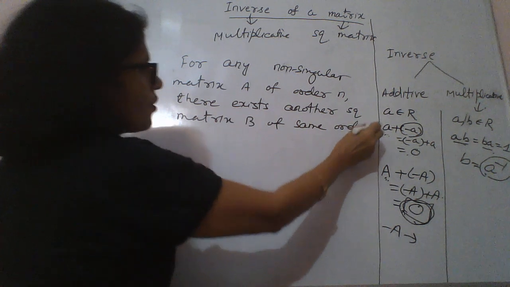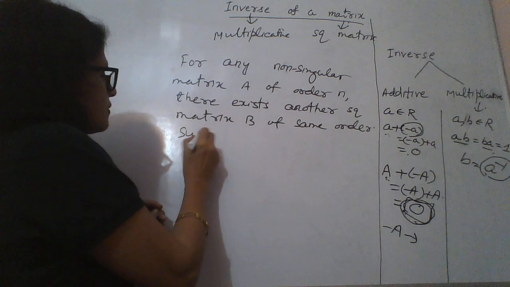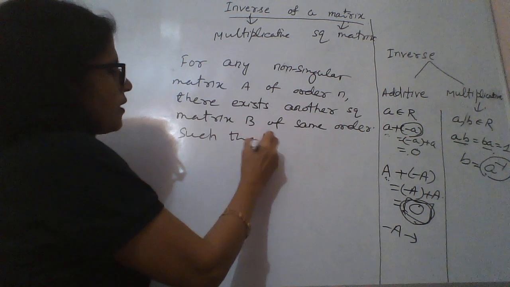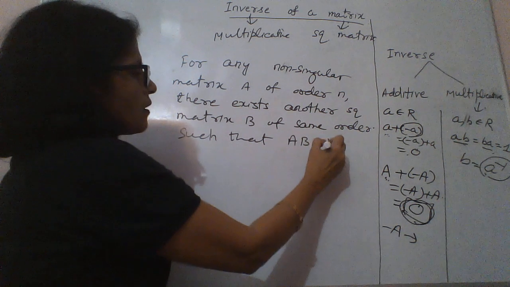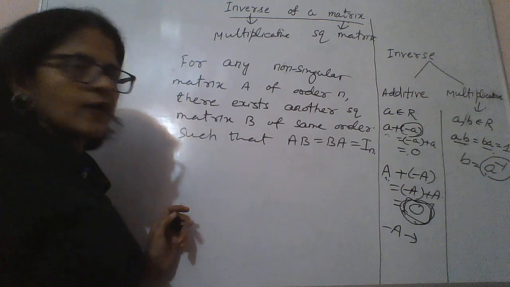It means the order of A and B should be the same, such that A into B equal to B into A equal to identity matrix.